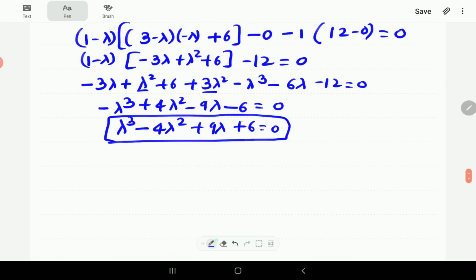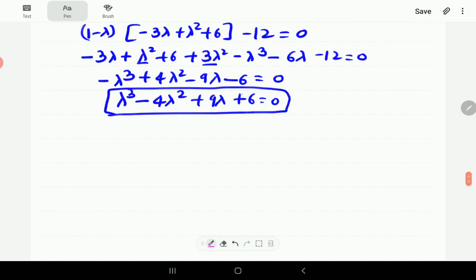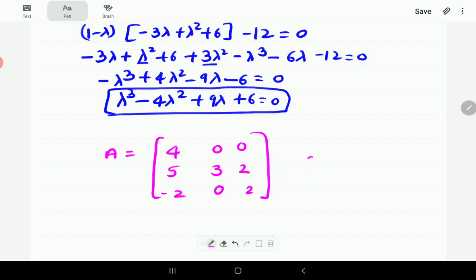Let me give you one, and you have to answer me in the comment box: what is the characteristic polynomial of this matrix? Let A be 4 0 0, 5 3 2, minus 2 0 2. What is the characteristic polynomial?